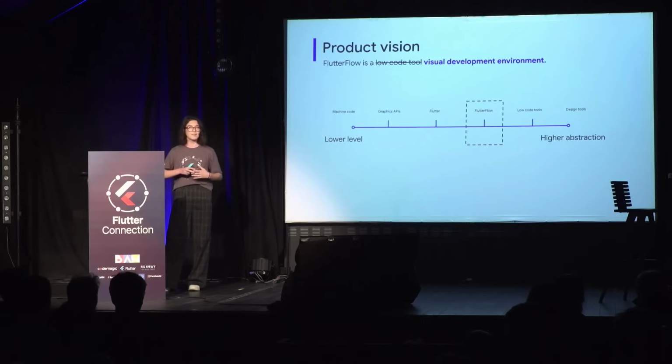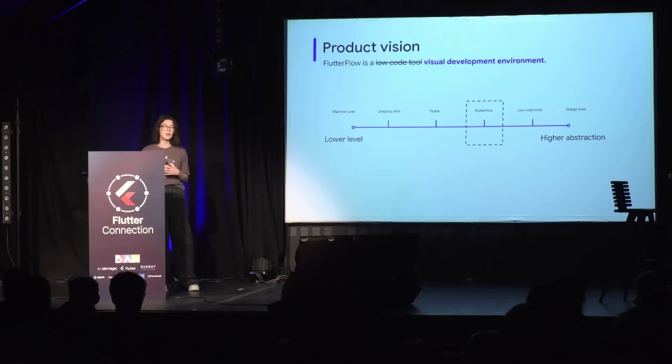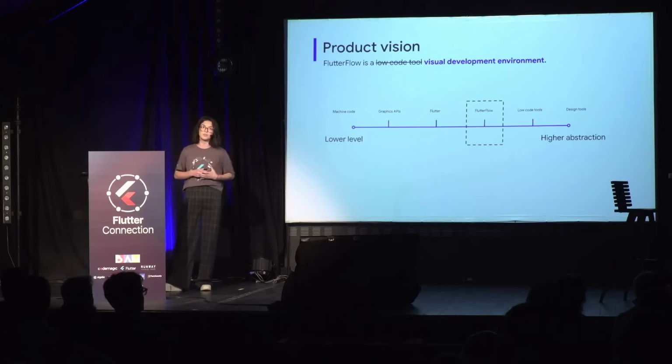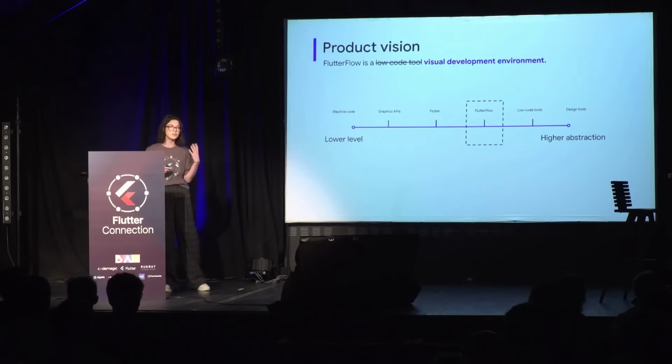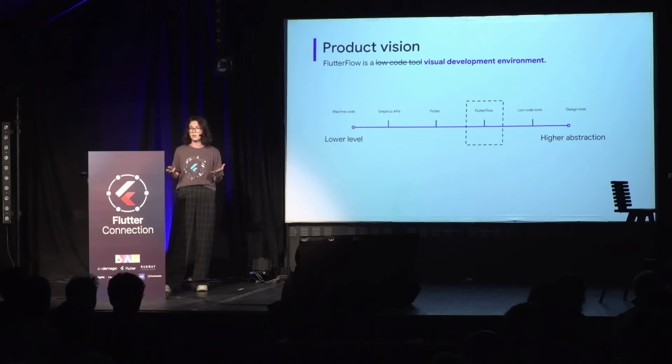So instead of hiding everything that's going on under the hood, you're having a slightly higher abstraction over the core Flutter framework. So taking care of common workflows for you, but still giving you more granular control to do things like control your data flow, fine-tune performance, or even drop down to the code layer if you want to do something more custom.